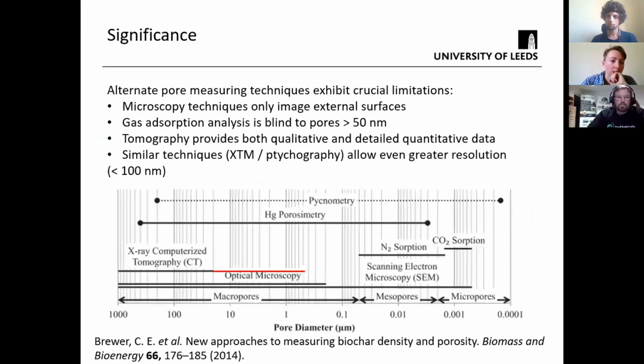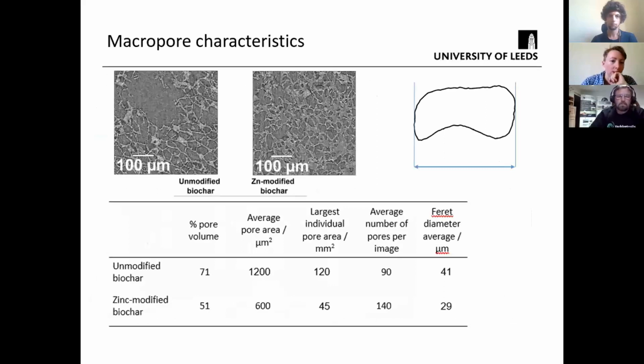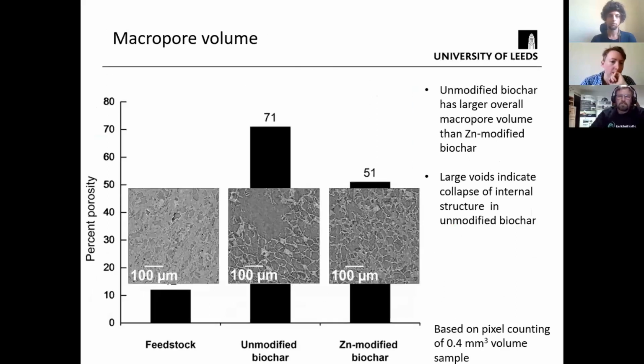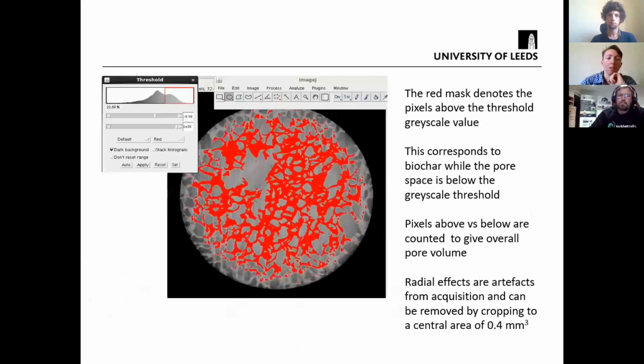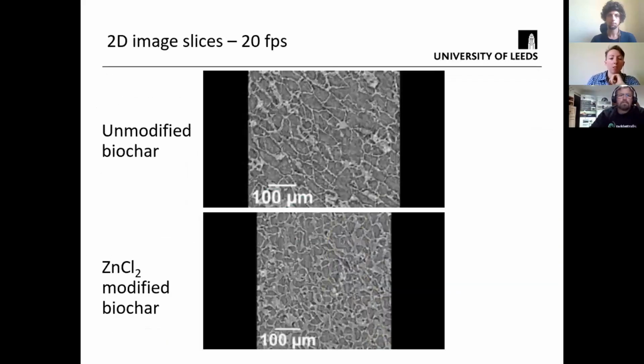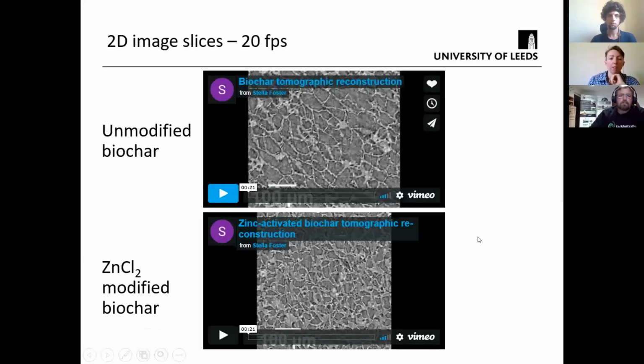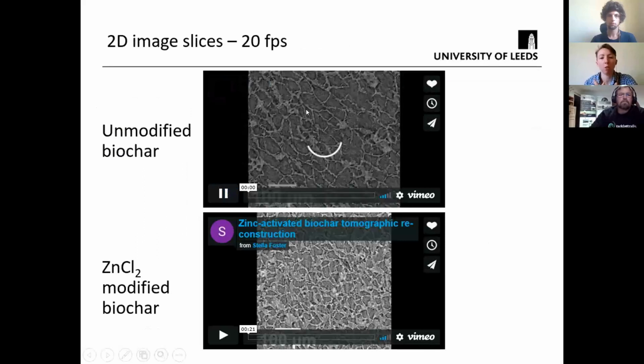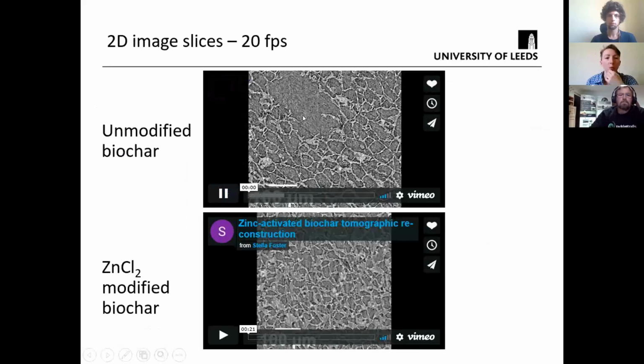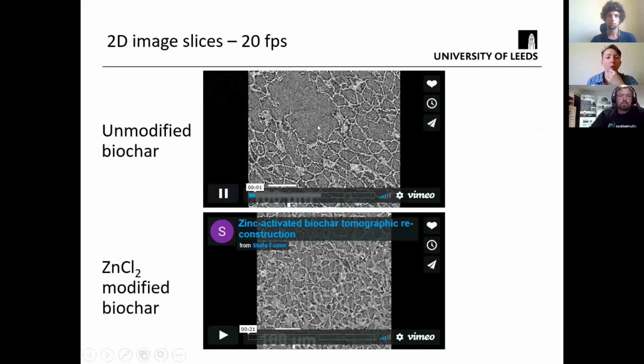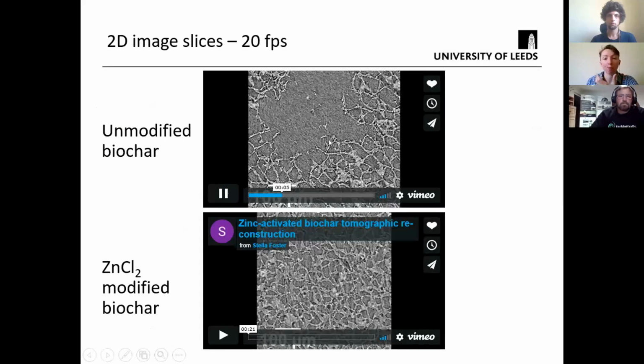In the unmodified biochar, it appears as though the internal pore structure has collapsed somewhat into larger voids here, which means that the macropore volume is greater.